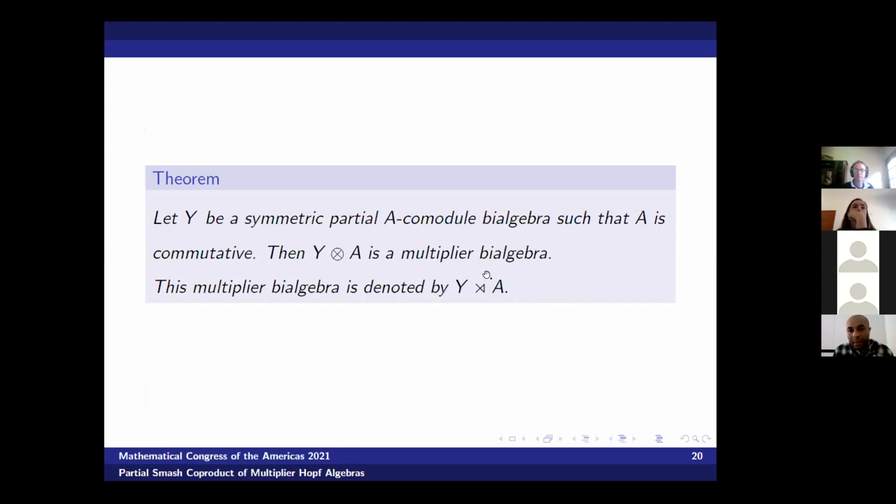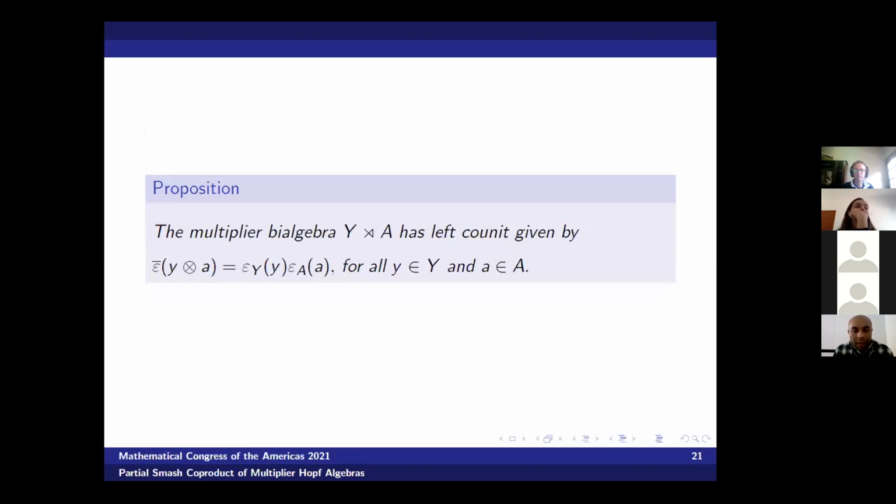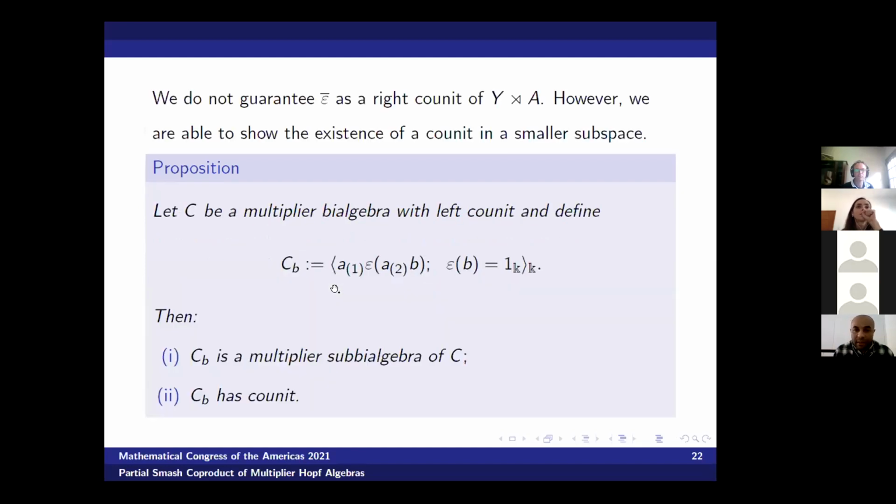The next step would be to prove that we have a counit. And we define this in the usual way. But we are also able to prove that we have a left counit. This problem also appears in the Hopf context. We are not able to prove that we have a left and right counit in this context, but we have some restrictions.